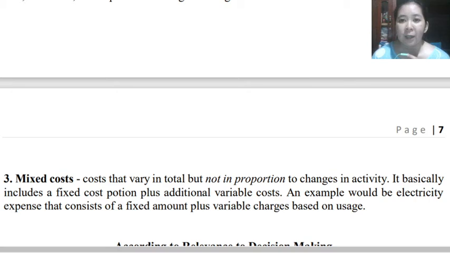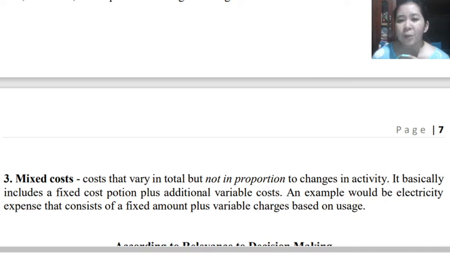Okay, so what are the common examples? Electricity. Normally, our electricity expense consists of a fixed amount plus variable charges based on units. If you are going to look at your electric bill, per kilowatt hour used, it has a fixed rate. However, because of some other charges, it becomes variable.